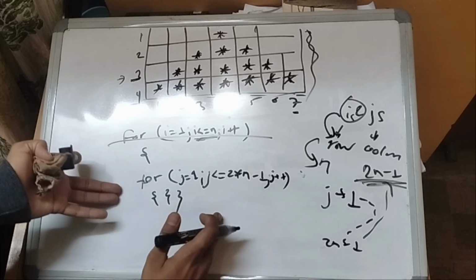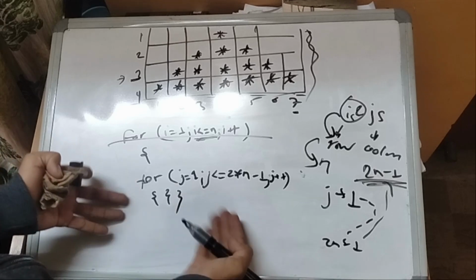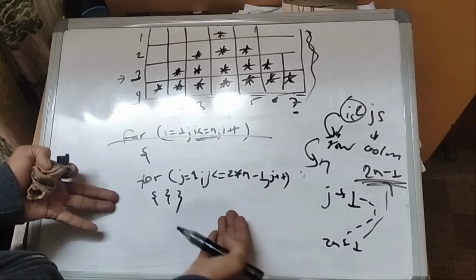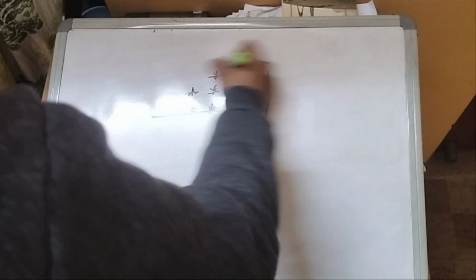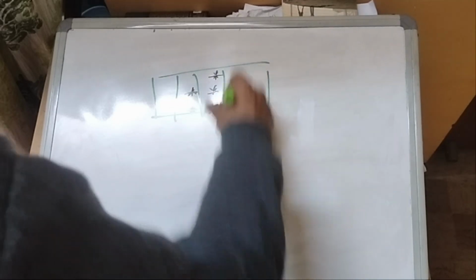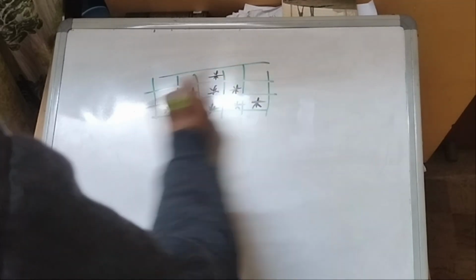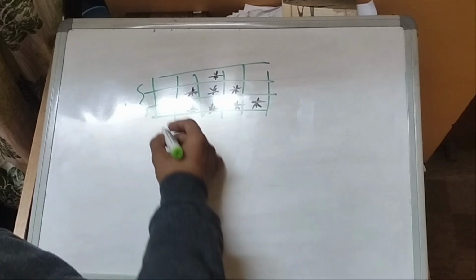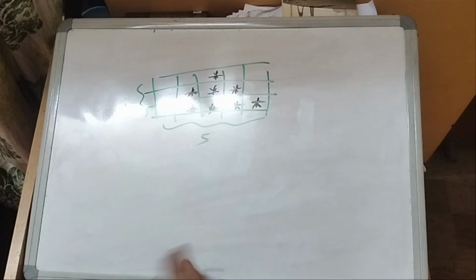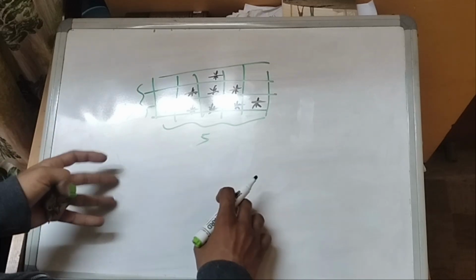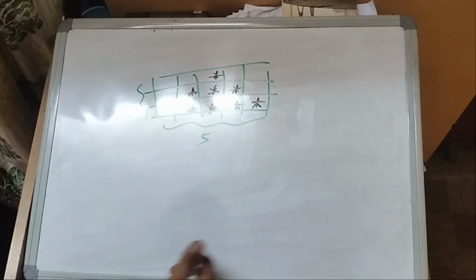Let's go inside this nested loop and create some condition that will allow us to print this. Now what we have here is 3 number of rows, and how many number of columns? That is 5.